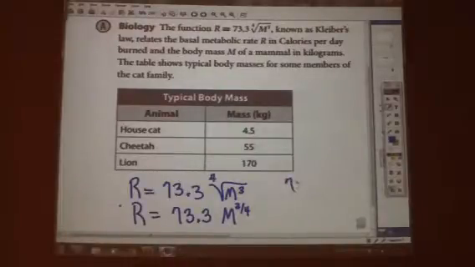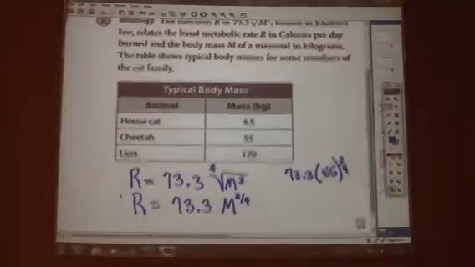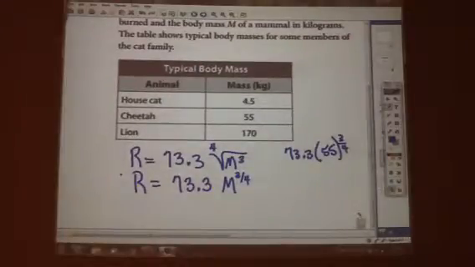You'll put 73.3 times 55 to the 3/4 power, and round that to the nearest 50 calories. So did you get 1,480.38? Yes. Okay. So if we rounded that to the nearest 50 calories, then we would get 1,500 calories.